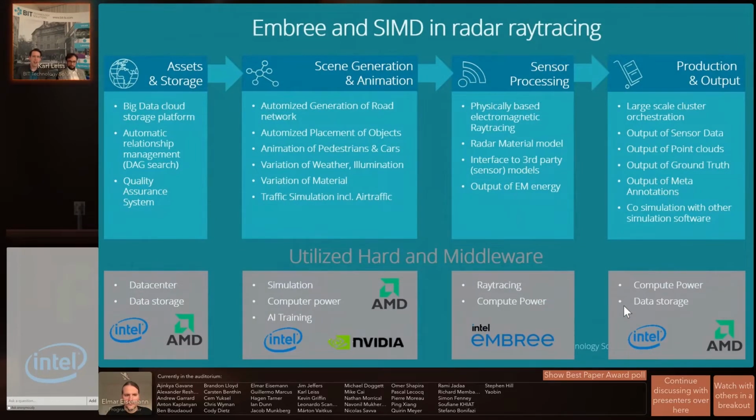How does the pipeline actually look? We have four major processing steps. As said, assets, getting the data together, is a big thing. We have developed something like a Git for 3D data and metadata to make a relationship search, to combine things. For example, if you are looking for some brownish color or some red color, you know red is also part of brownish color, so you would take that asset or that material on top.